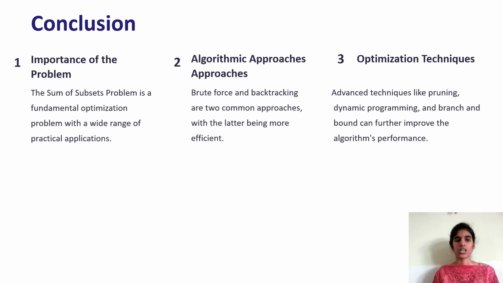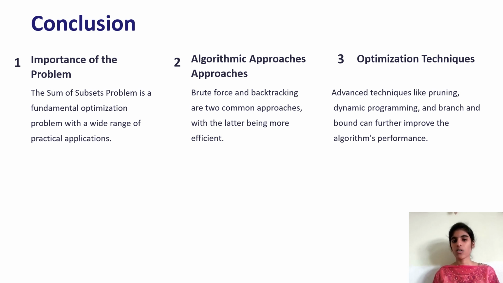Next, conclusion: importance of the problem, algorithmic approaches, optimization techniques. The importance of the problem is that the sum of subsets problem is a fundamental optimization problem with a wide range of practical applications. Next, algorithmic approaches: brute force and backtracking are two common approaches, with the latter being more efficient.